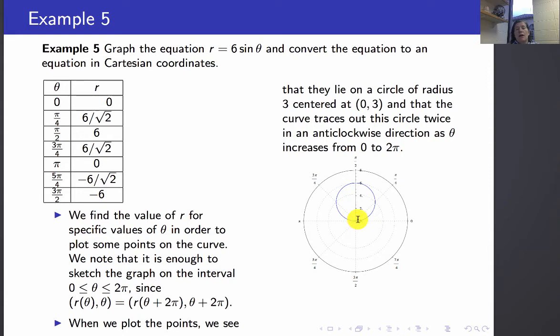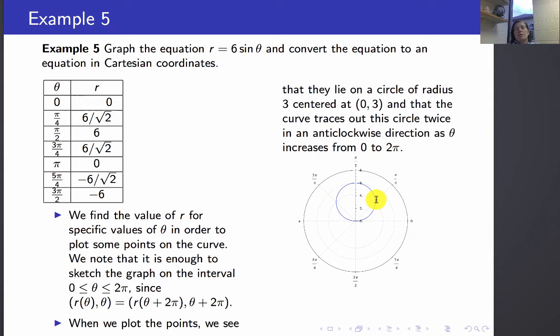And then if we increase the angle to 5 pi over 4, the r becomes negative, so the ray from the origin making an angle of 5 pi over 4 with the positive x-axis is in the third quadrant here, but because r is negative 6 over the square root of 2, this point coincides with the point for theta equals pi over 4.